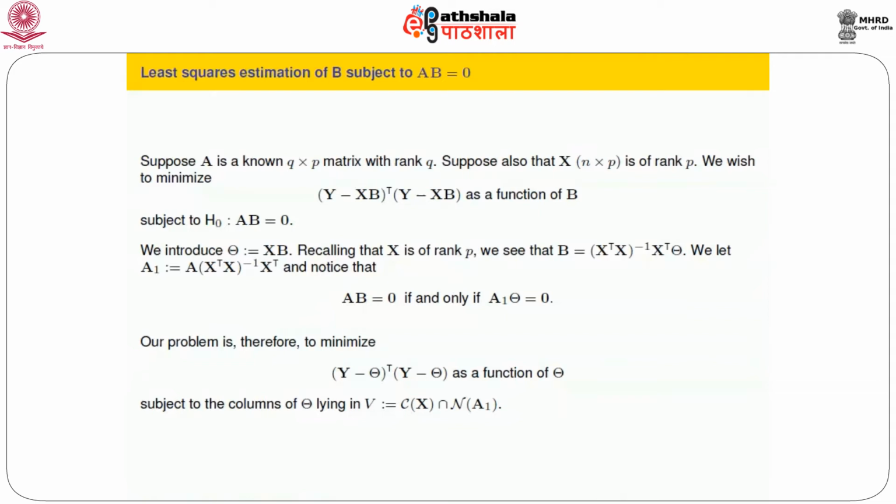So PV represents orthoprojection onto V, and this last quantity we denote by θ̂_H. Why H? Because H is an abbreviation for hypothesis. Since X is of full column rank, we have the unique representation θ̂_H = X B̂_H, where B̂_H is the required restricted least squares estimate of B.